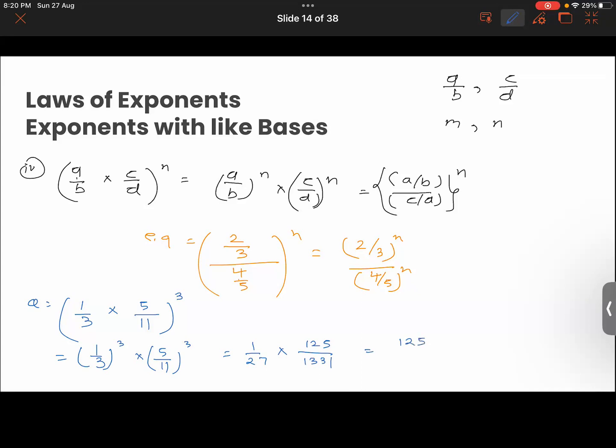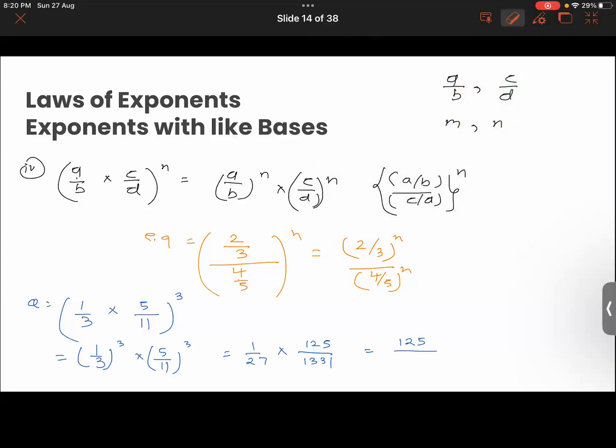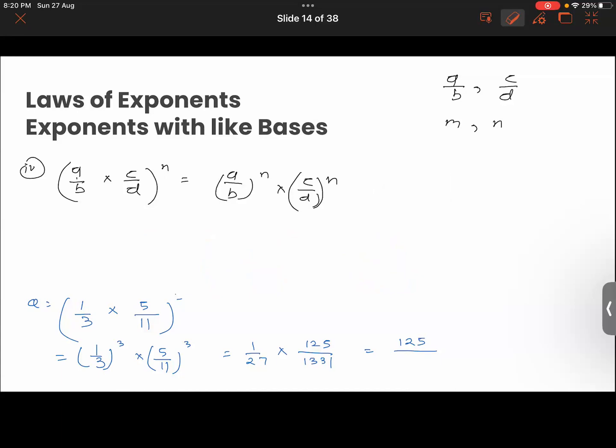Further you will multiply it, and then you will get your answer simply, whatever 27 multiplied by 1331 comes. For convenience, just study up to this one. The next one we will include in the next law.